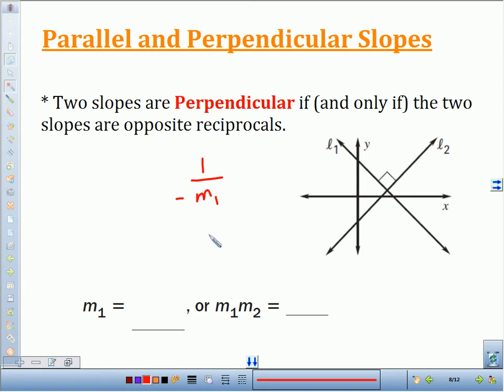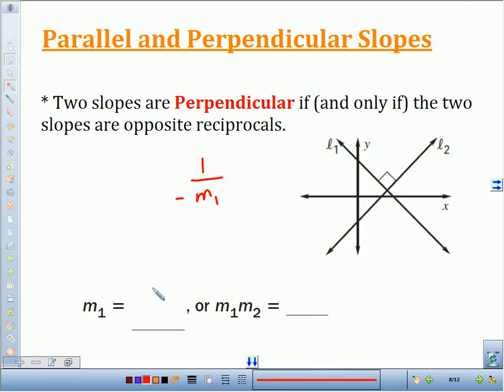So the opposite reciprocal is basically we take the fraction of the slope, we flip it upside down, and then we change the sign. If it was positive, it becomes negative. If it was negative, it becomes positive.